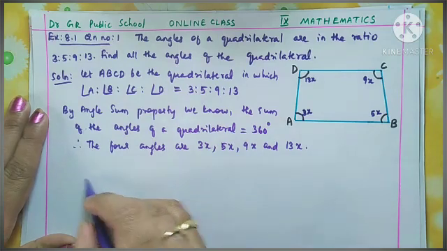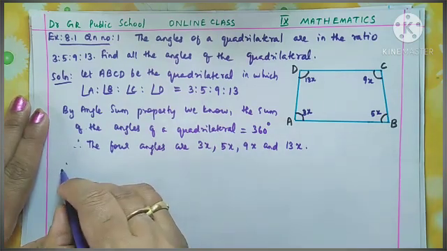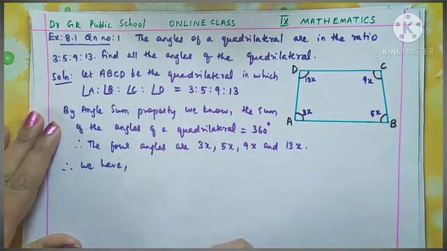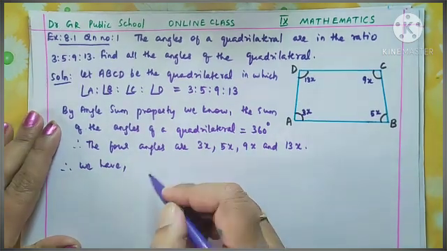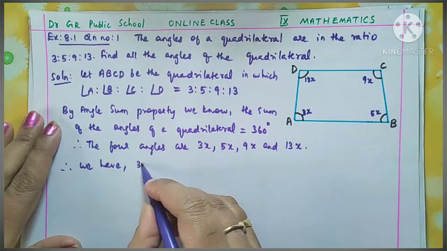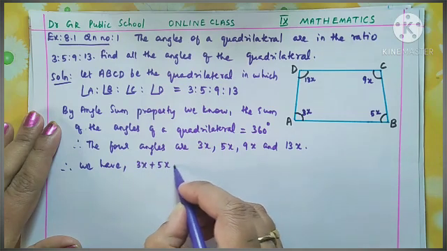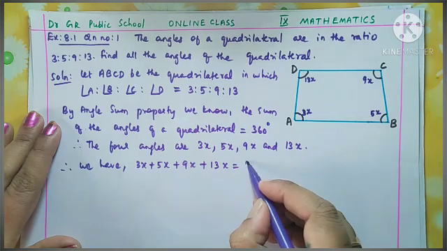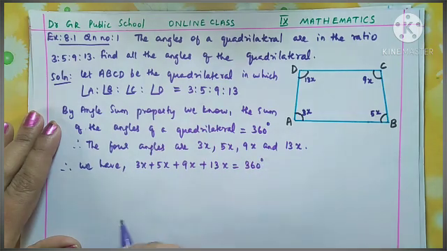Therefore, using the angle sum property, the sum of all 4 angles is 360 degrees. So 3x plus 5x plus 9x plus 13x equals 360 degrees.